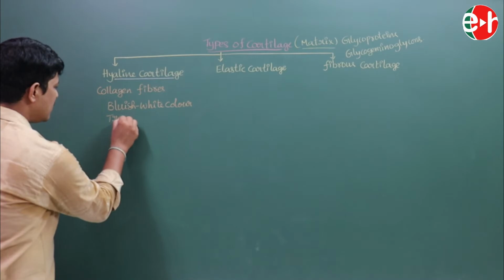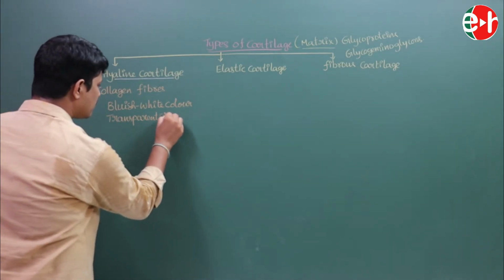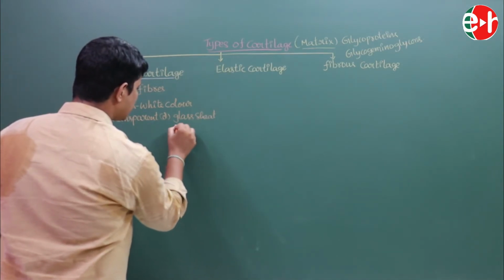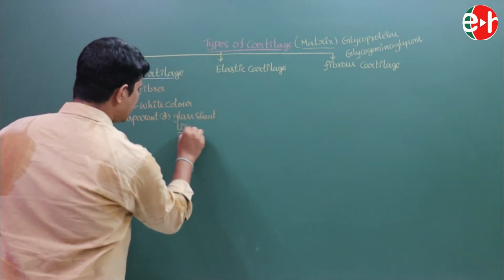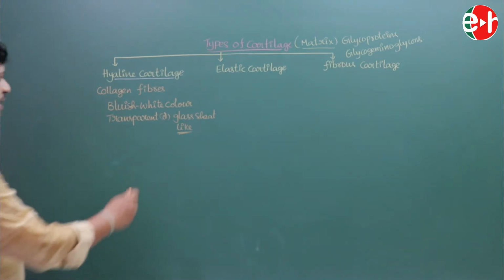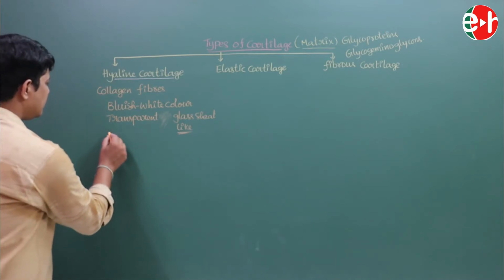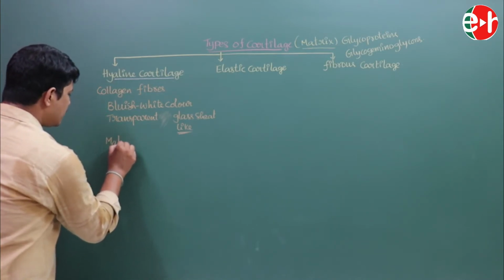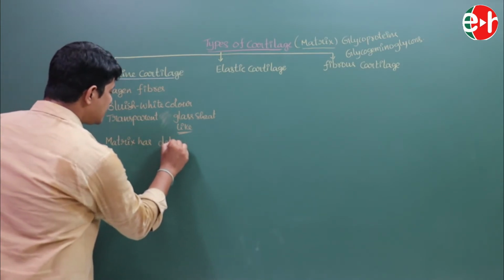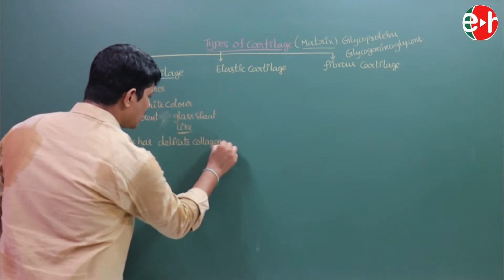It is a transparent, glass sheet-like cartilage. Here, the matrix of this cartilage has delicate collagen fibers.